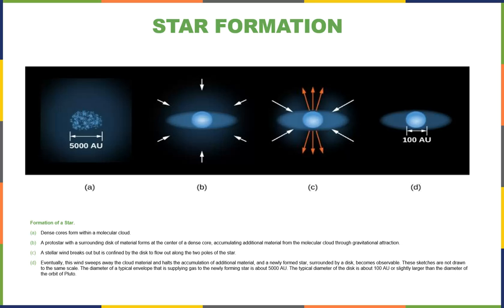It's about 10 to get out to Jupiter, and you're talking about 1,000 astronomical units to the farthest extents. And so this is a bit larger than the entire size of the solar system, but it's in that ballpark.